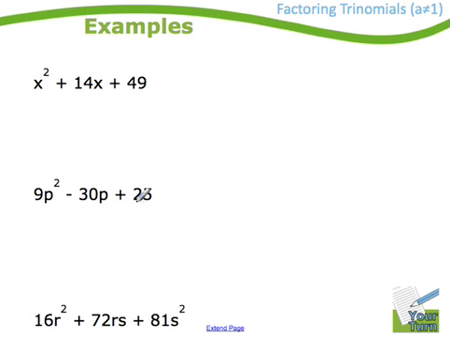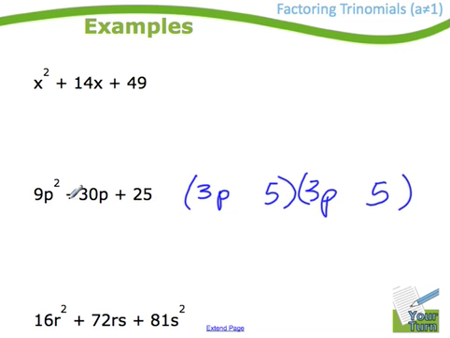Notice these ones have a little bit bigger numbers, but if I recognize that 9p squared is the same as 3p times 3p, then I can do my guess and check. So that'd be 3p and 3p, and 25 is the same thing as 5 times 5. They're minus, and so I'm going to put two minuses here.